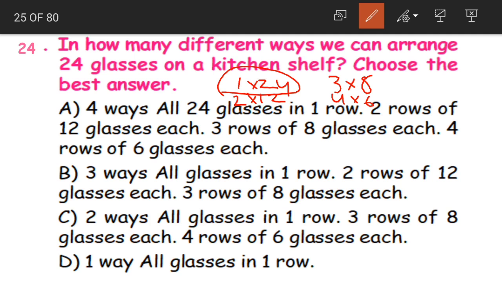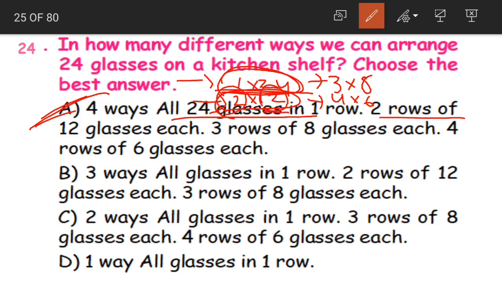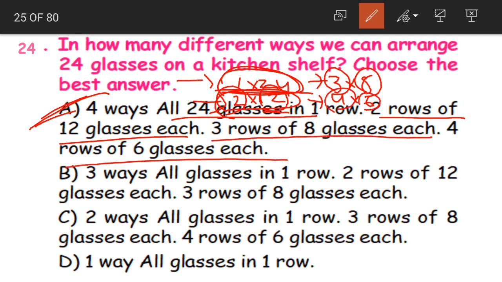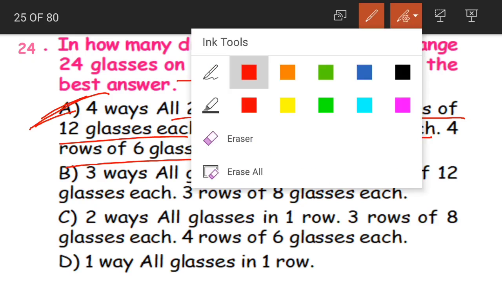Now 4 ways, we can arrange in 4 ways: 1, 2, 3, 4. So option A becomes our correct answer. All 24 glasses in one row, or 2 rows of 12 glasses each, or 3 rows of 8 glasses each, and lastly 4 rows of 6 glasses each, children.